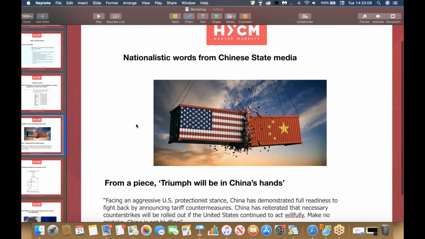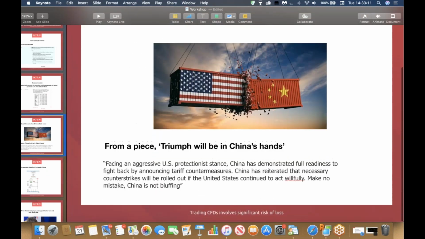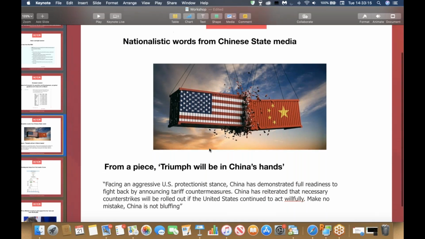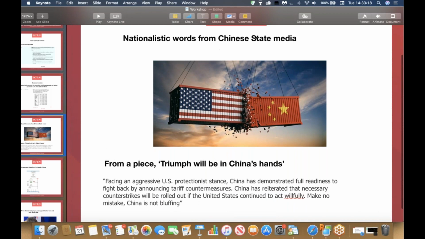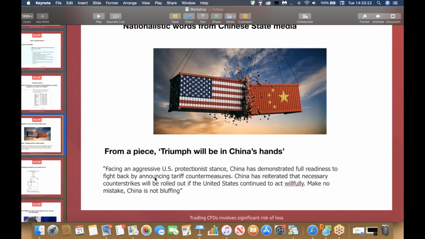We also saw coming out during the European session some nationalistic pieces from China. This was from Chinese state media, from their news site. They said, facing an aggressive US protectionist stance, China has demonstrated full readiness to fight back by announcing tariff countermeasures.